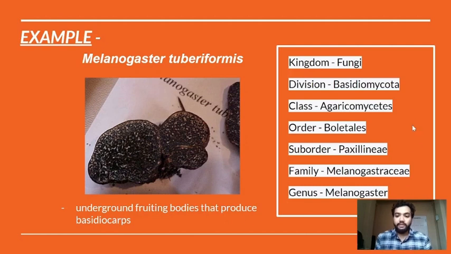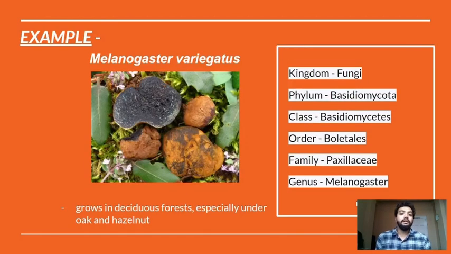The taxonomic classification of this is: kingdom fungi, division Basidiomycota, class Agaricomycetes, order Boletales, suborder Paxillineae, family Melanogastraceae, and genus Melanogaster. The next example is Melanogaster variegatus.